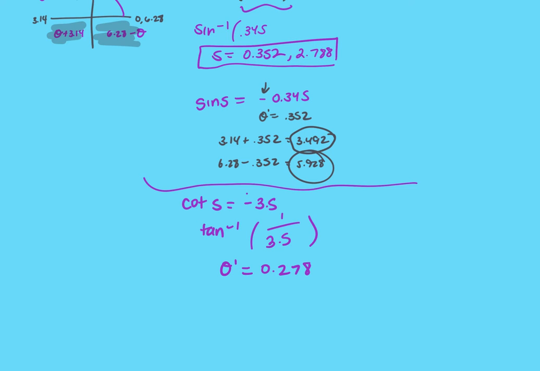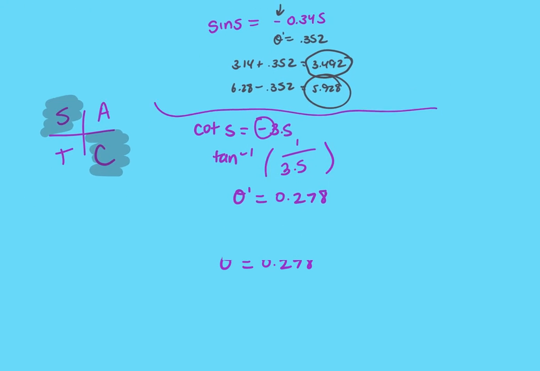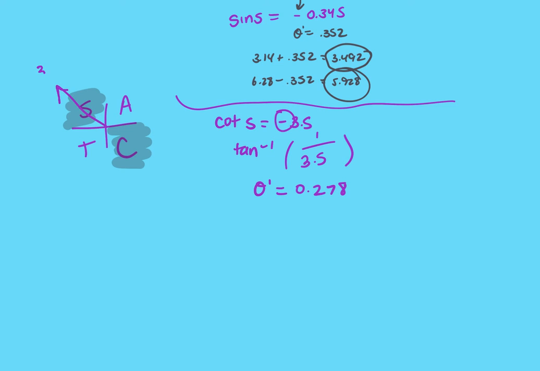My original was negative though, so where is cotangent negative? Second and fourth. So second means take 3.14 and subtract your reference angle, so 3.14 minus 0.278, 2.862.